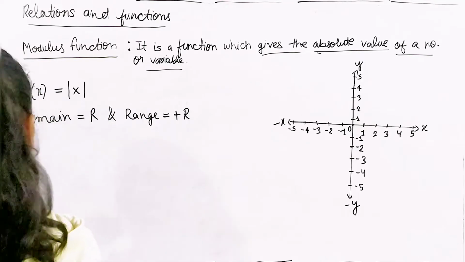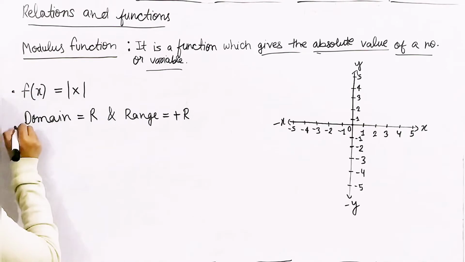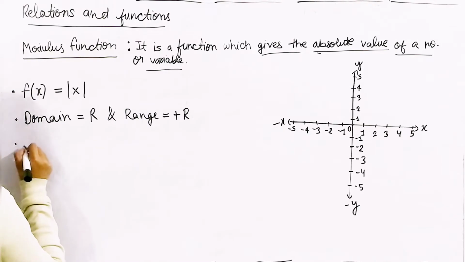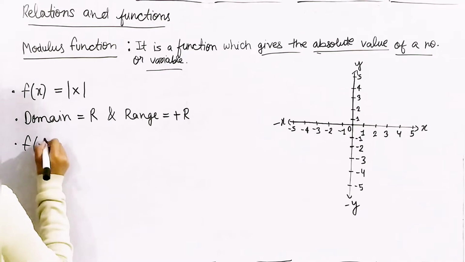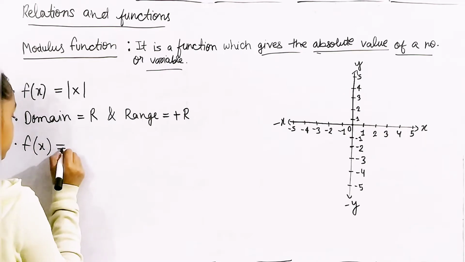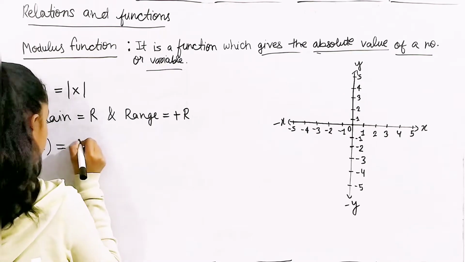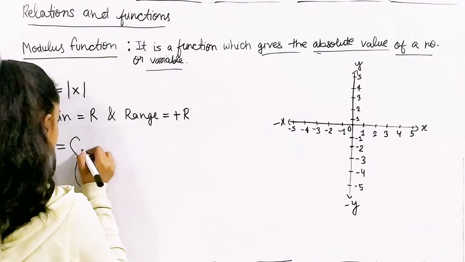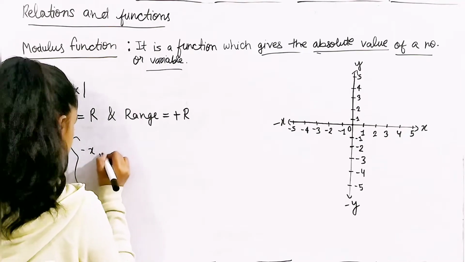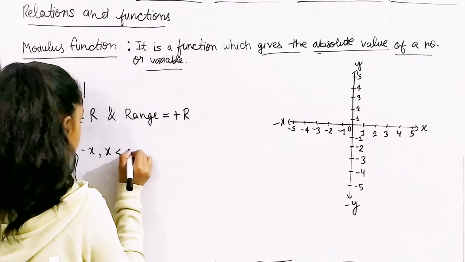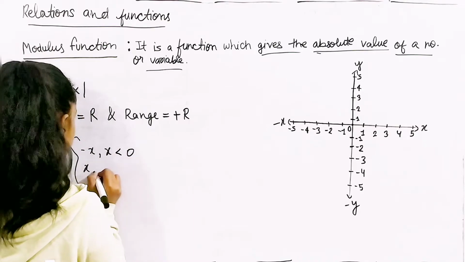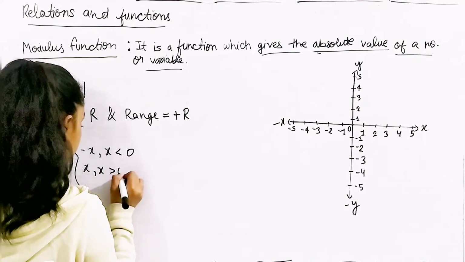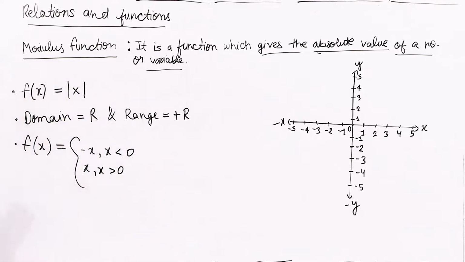What I'm saying is that f(x) is equal to negative x if x is smaller than 0, positive x if x is greater than 0. Just have a look at this, what is it exactly?